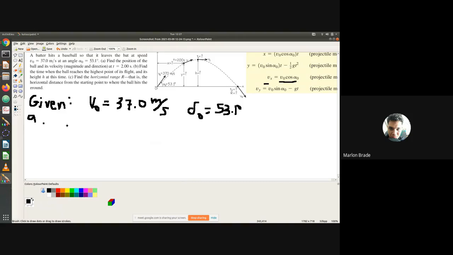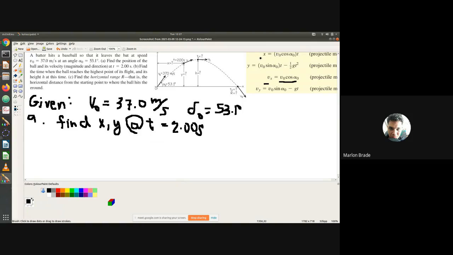In this case, since it is 2D, you give the x and y coordinates. So let's write the question: find x and y at t equal to 2.00 seconds.